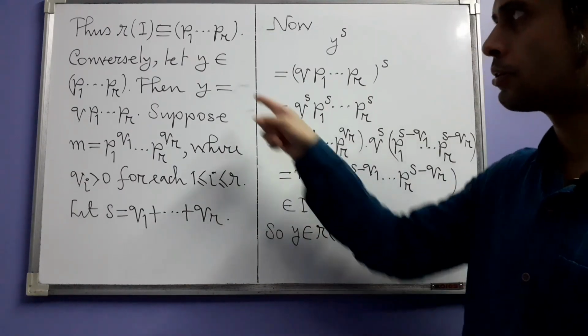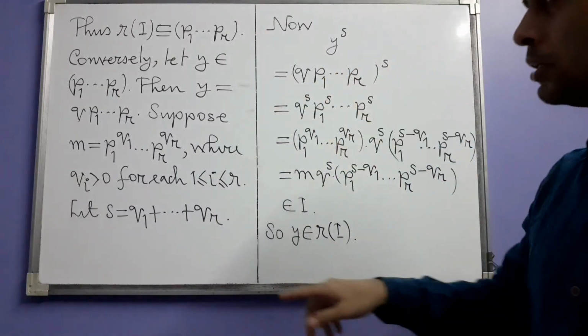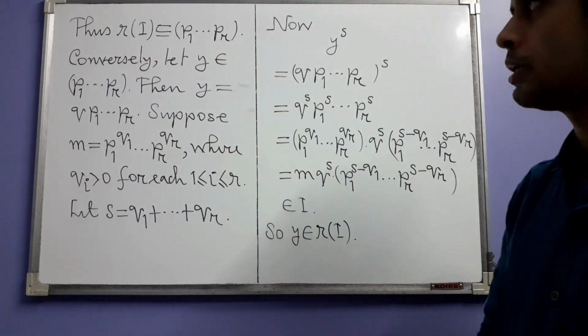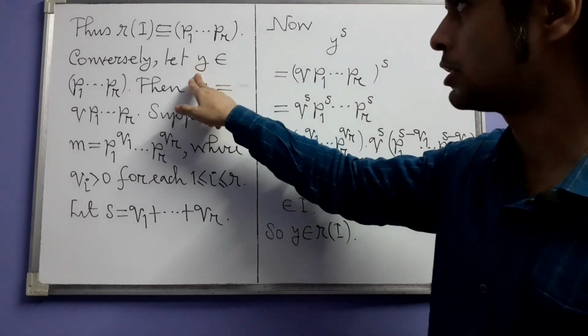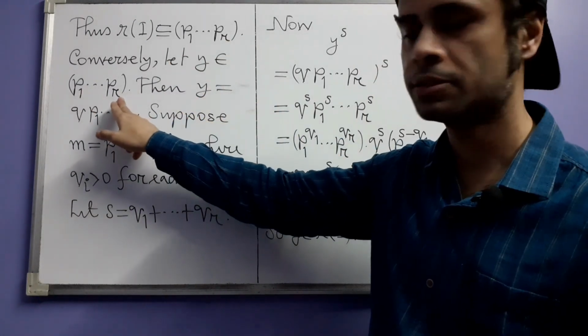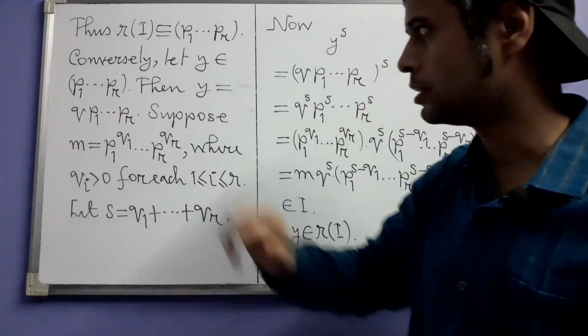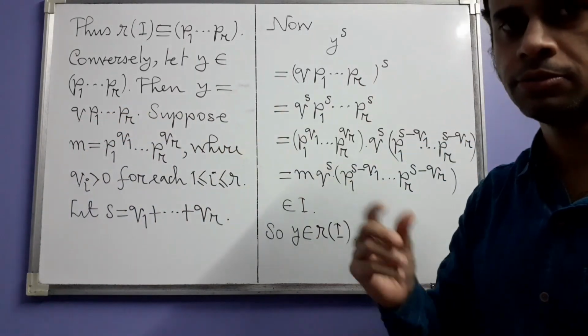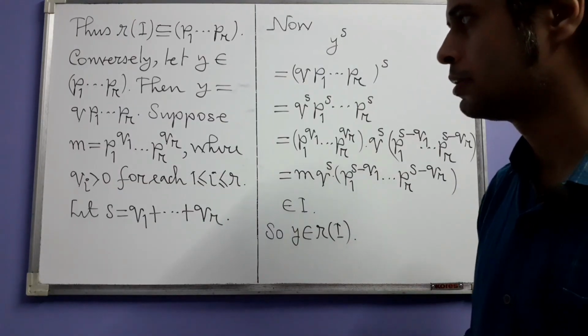So we write that conclusion here. So because of those previous things, R of I is a subset of this principal ideal. And conversely, we take any element y in this principal ideal. Then y would be some integer multiple of this product, say q times this, where q belongs to Z, I forgot to write that, but you understand.